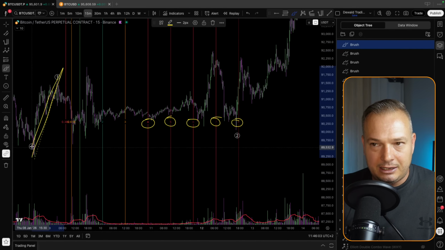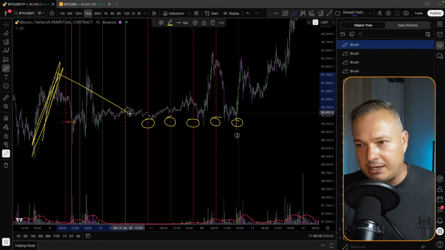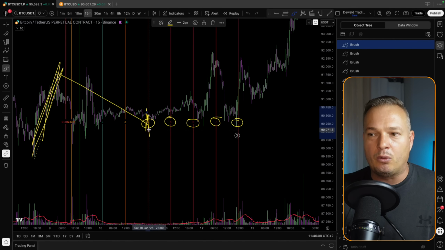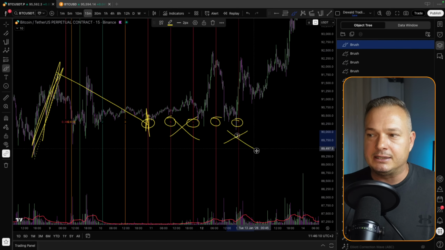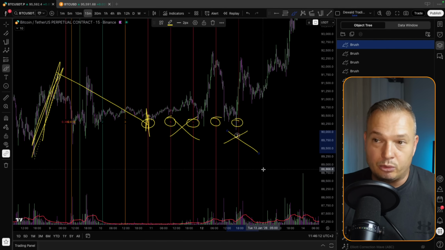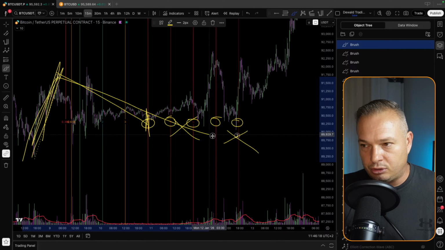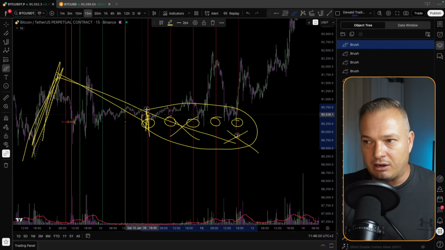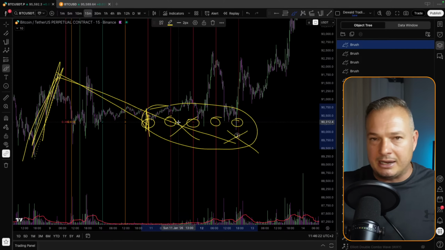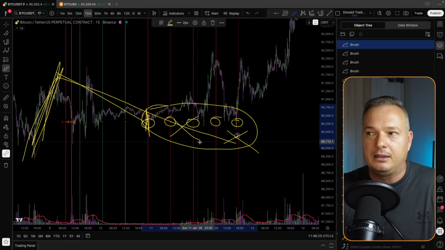When I see an impulse and a correction that surpasses my 4, I already start invalidating a second wave. That's the rule I've put in place, because it's extremely rare to have a 1 and a 2 that goes this long in time. There's no balance. The balance is completely out of whack.